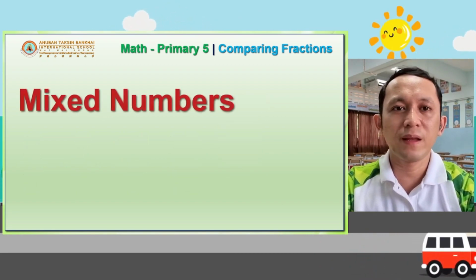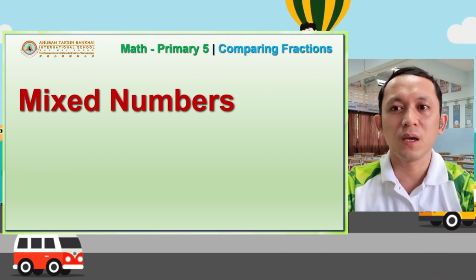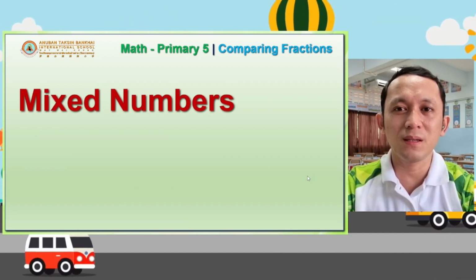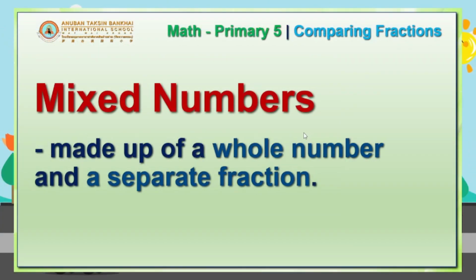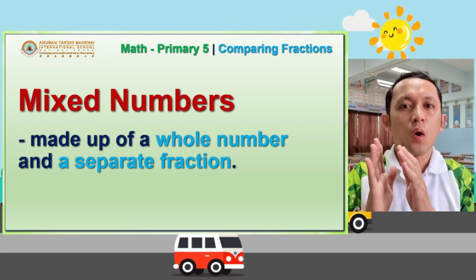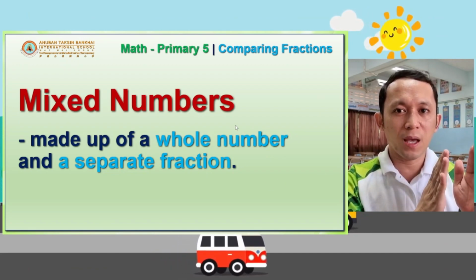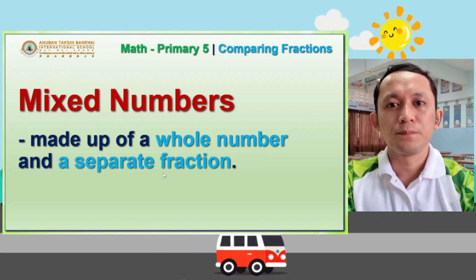Next, let's have now mixed numbers. Mixed numbers are made up of a whole number and a separate fraction. I think this was already discussed when you were in grade 4, that a mixed number is a combination. We have a whole number and we have a fraction.